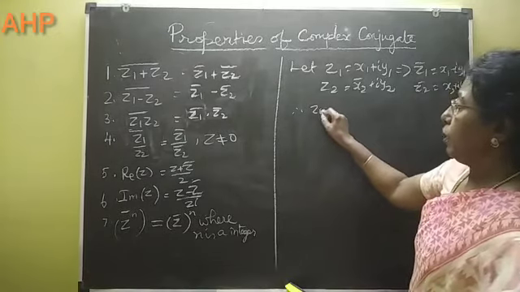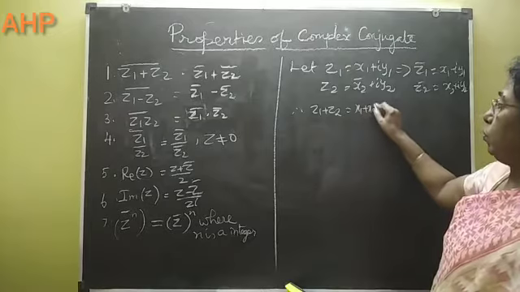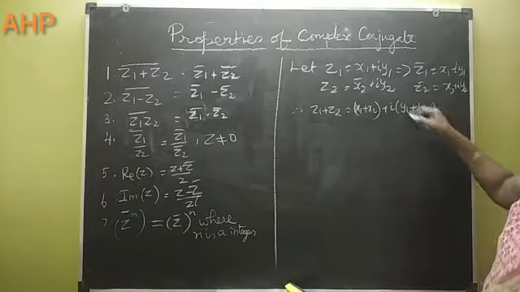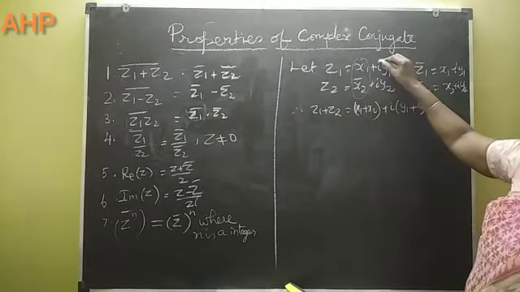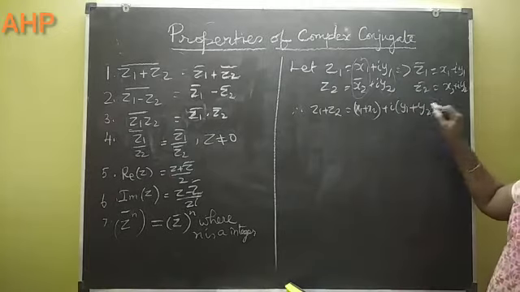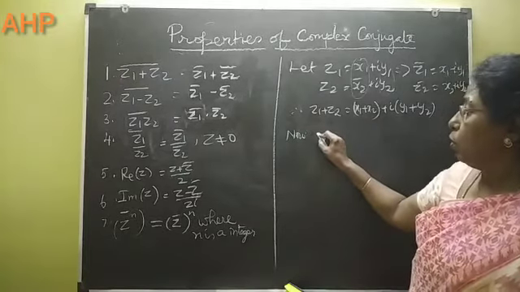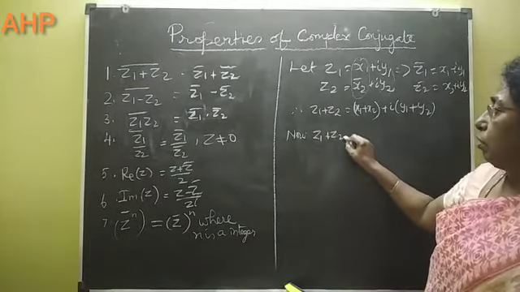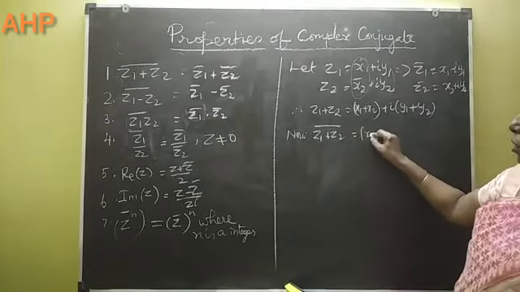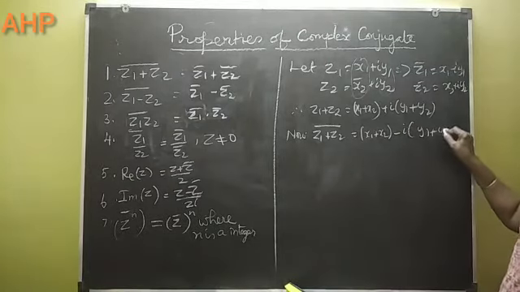Therefore, z1 plus z2 is equal to x1 plus x2 plus i into y1 plus y2, adding both the real parts and adding both the imaginary parts. Now z1 plus z2 the whole bar, conjugate of z1 plus z2, will be equal to x1 plus x2 minus i into y1 plus y2.